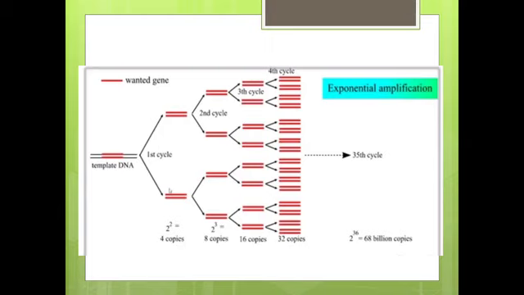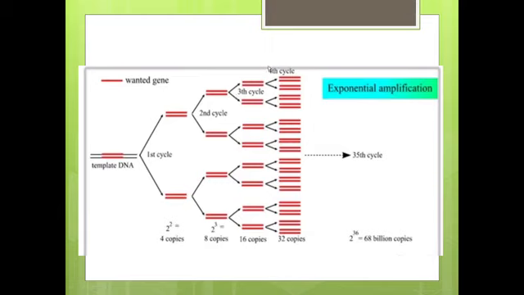And after the second cycle, each DNA molecule will again yield 2 DNA molecules, so we have a total of 4. After the next round, we will have 8 copies of DNA.